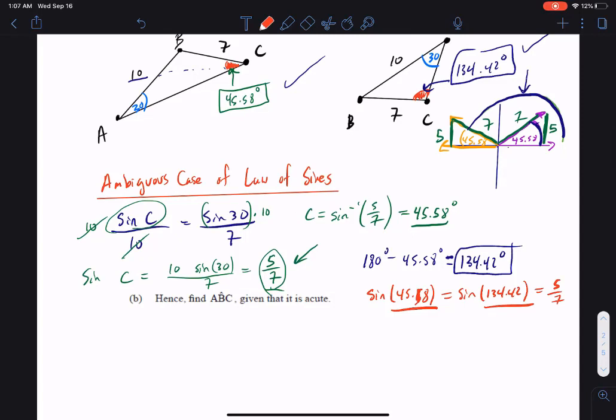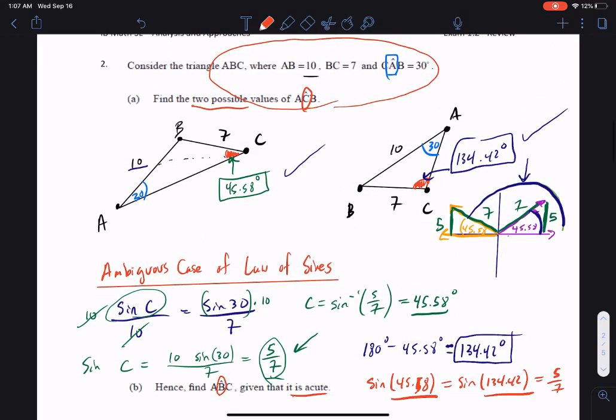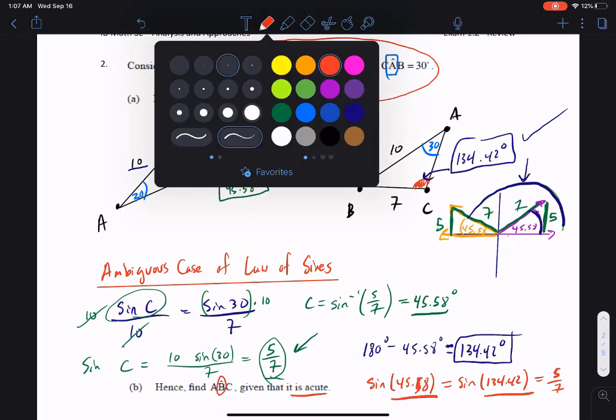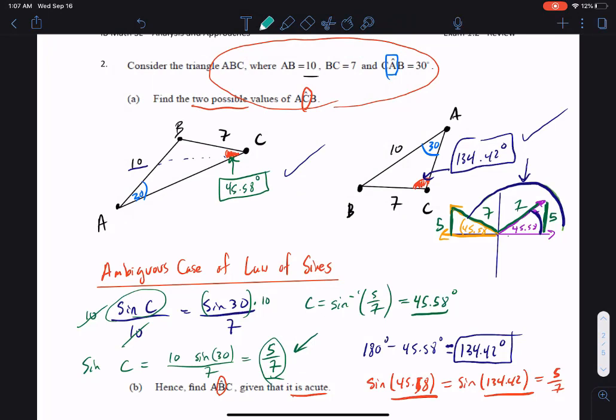Okay, hint: use the answer I just found. Find the angle ABC, the angle B, given that it is acute. So angle B is different. I'm running out of colors, so this green will be fine. Angle B is this angle, or this angle.